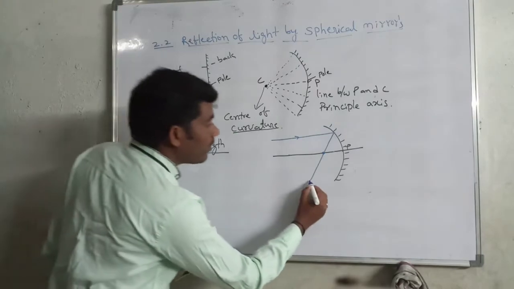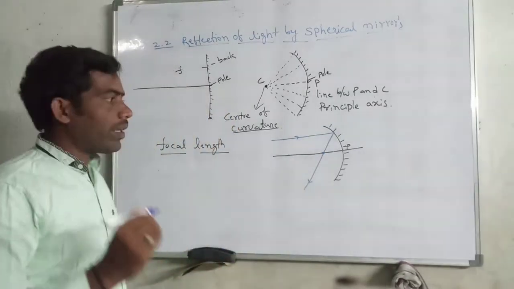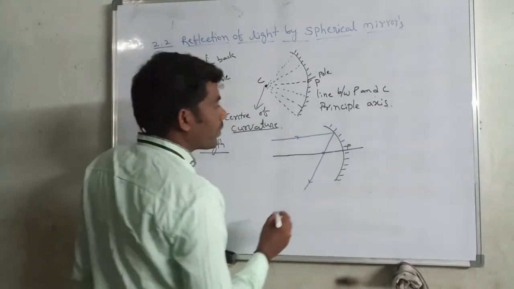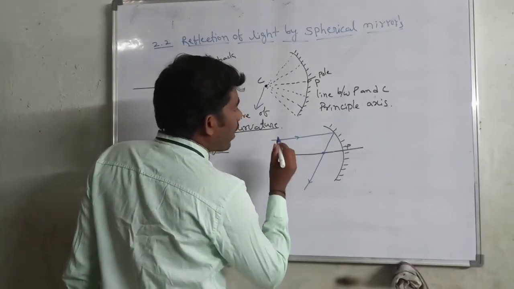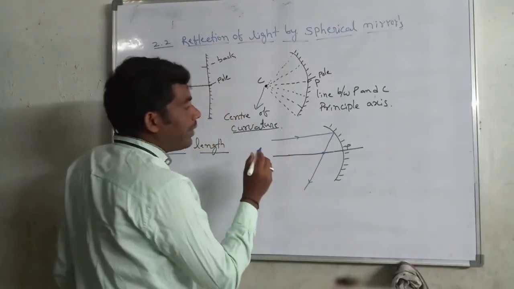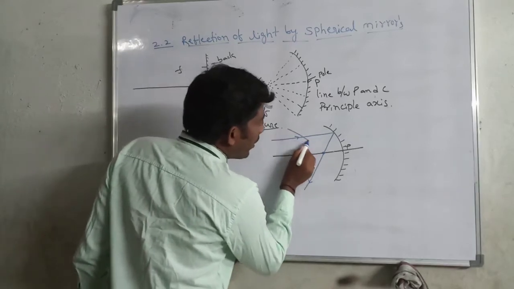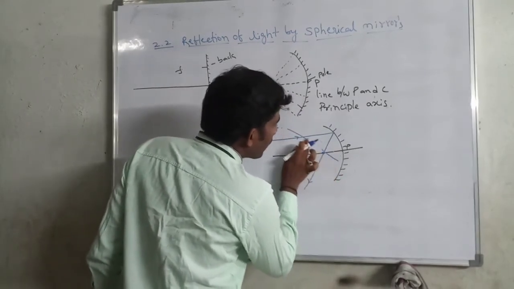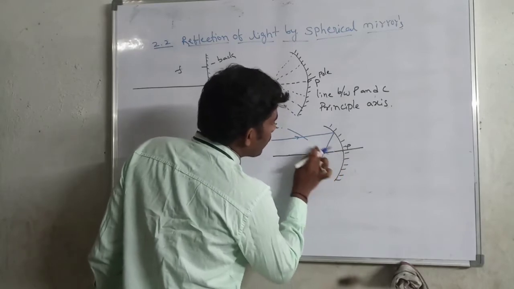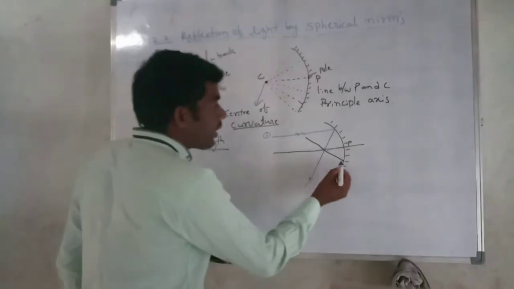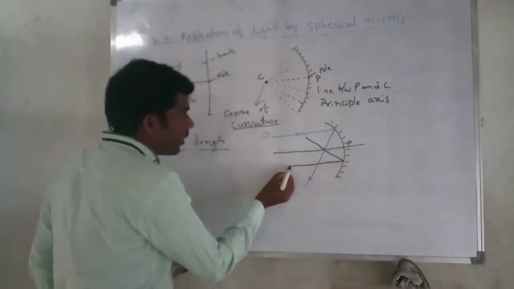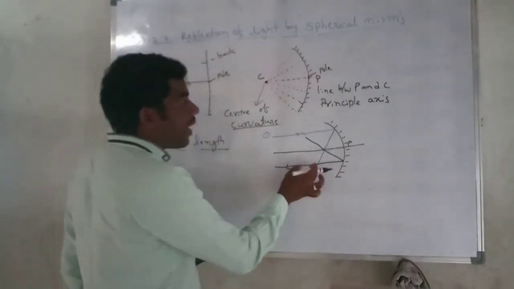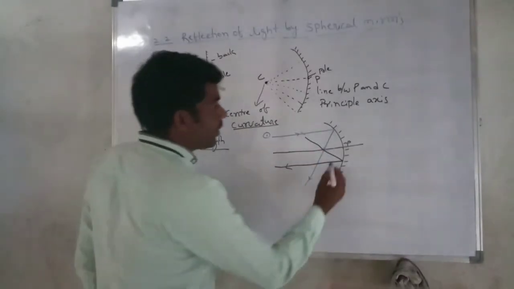And the next one: if a light ray passes through this point and is incident on the mirror, it gets reflected and then goes parallel to the principal axis.